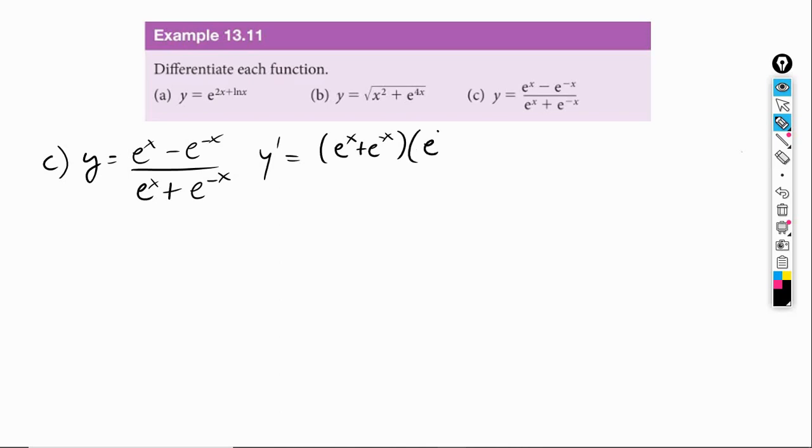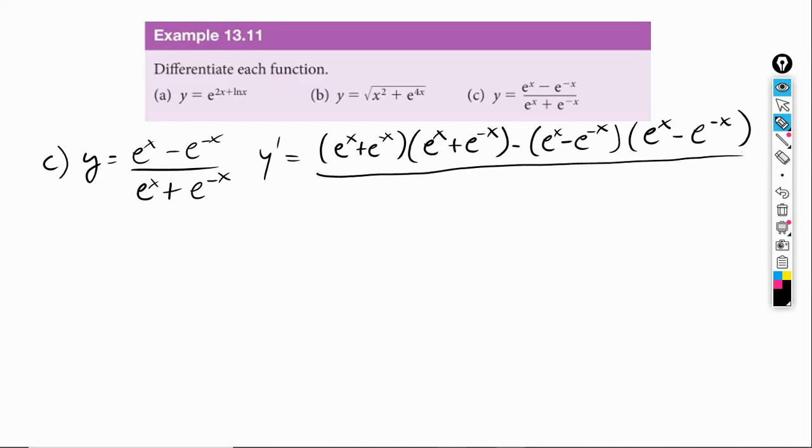So that would just be e to the x plus e to the minus x, minus the numerator, so e to the x minus e to the minus x times the derivative of the denominator, so e to the x minus e to the minus x. And all of this over e to the x plus e to the minus x squared.